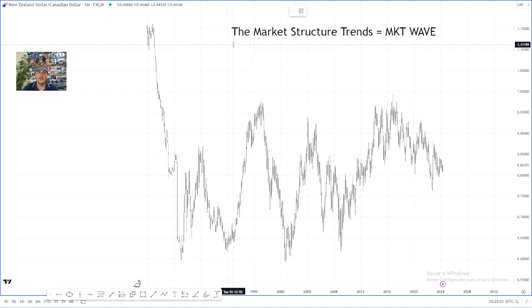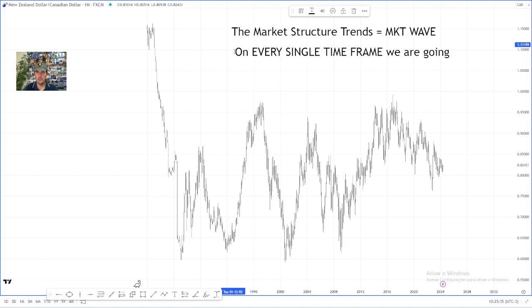Then another concept: on every single time frame, we are going to have 2 different patterns.